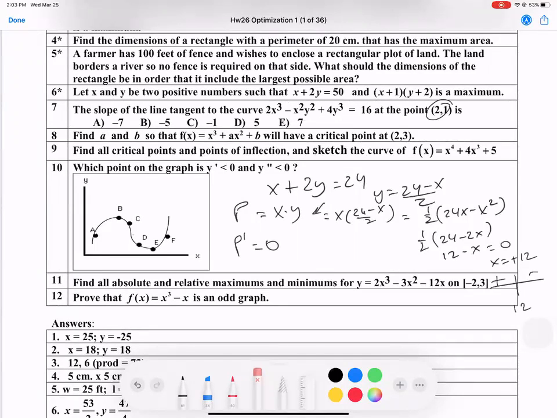The x's and y's are together, so it's implicit. 6x squared minus, product rule, 2x y squared plus 2y dy over dx of x squared, plus 12y squared dy over dx equals 0. And then we solve for dy/dx.